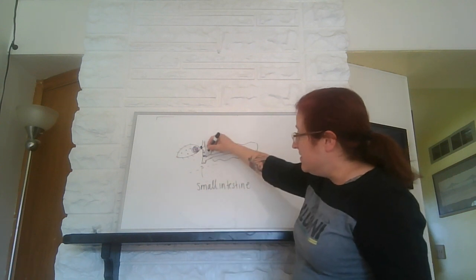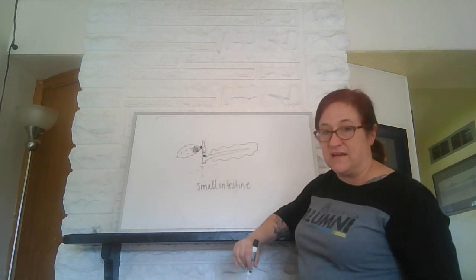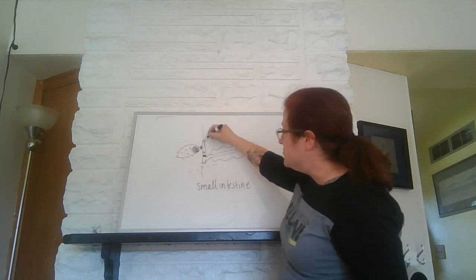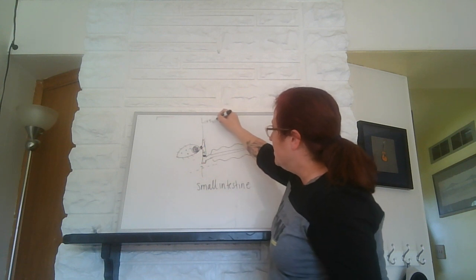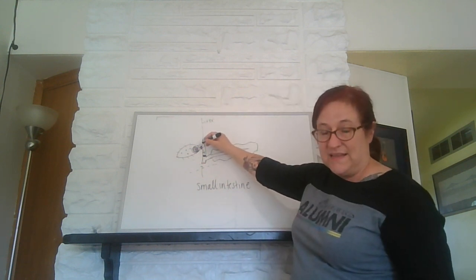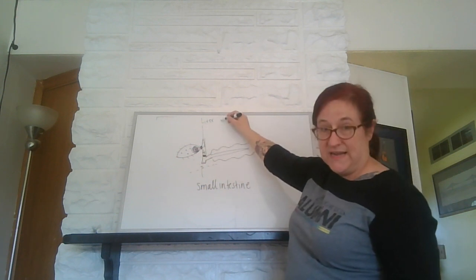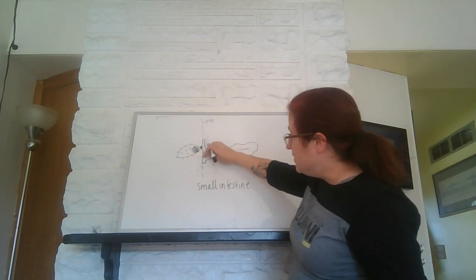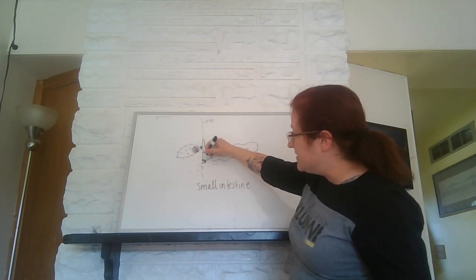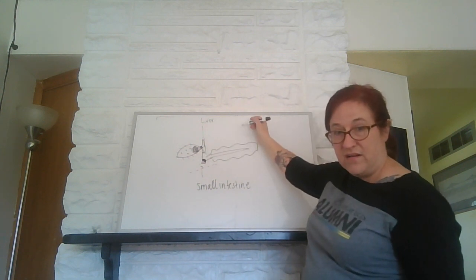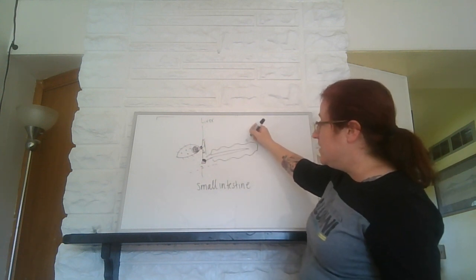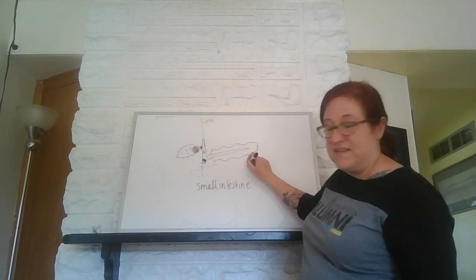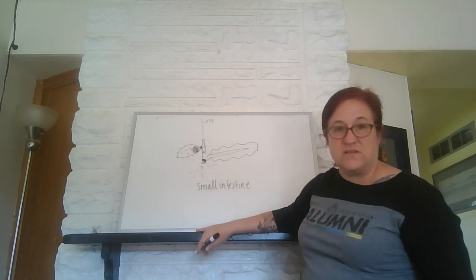If I have a stone stuck in the common bile duct, then I have issues with bile coming out of the gallbladder, and I also have issues with bile coming down from the liver. So I could develop cholecystitis as well as hepatitis, just as inflammation of the liver. Or if that stone gets stuck where the pancreatic duct and the common bile duct come together, then I could develop hepatitis, cholecystitis, and pancreatitis. Everything's inflamed because I'm not allowing anything to get down into the gallbladder.